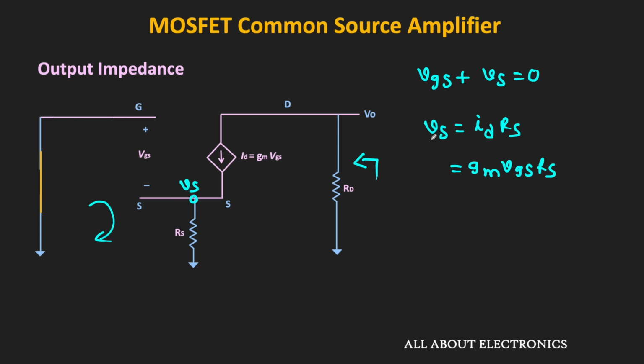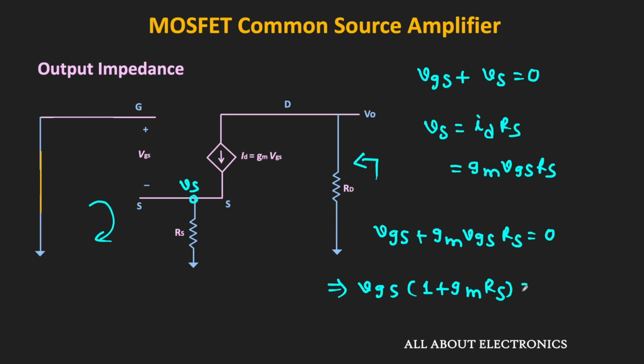So if you put the value of VS in this expression, then we can say that VGS plus gm times VGS times RS is equal to 0. That means VGS times (1 plus gm times RS) is equal to 0. That means in this case, this voltage VGS is equal to 0.